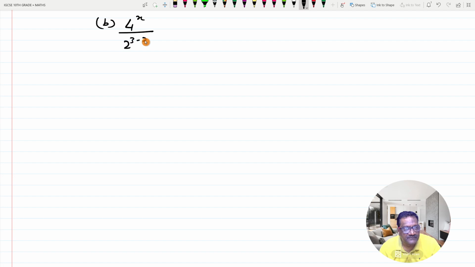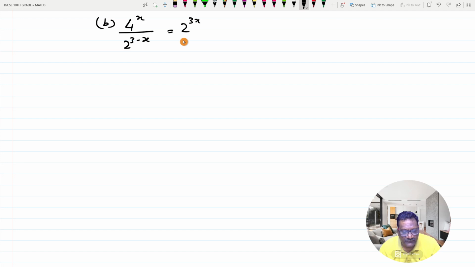Now coming to the B part. Okay, B says that 4 raised to x divided by 2 raised to 3 minus x equal to 2 raised to 3x divided by 8 raised to x minus 2.